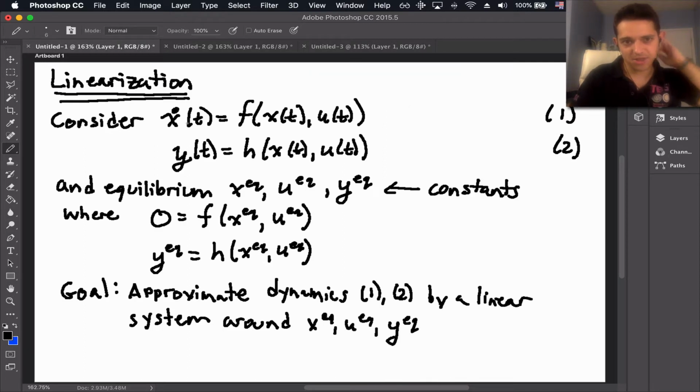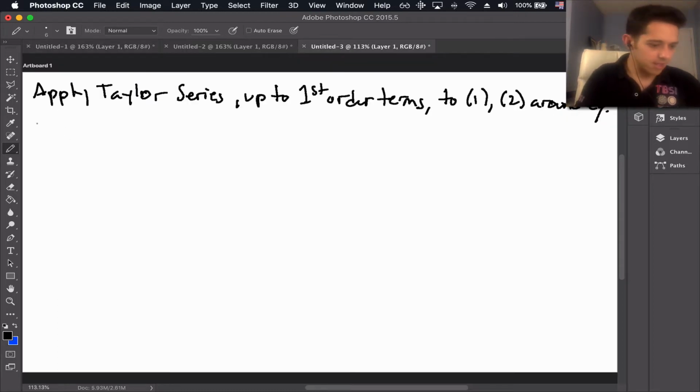Namely, if we go back to this first slide here, we have equation 1 and 2. Let's focus on equation 1 for a moment. What we're going to do is approximate this nonlinear function f by a truncated Taylor series approximation, truncated up to the first order. So let's just go ahead and do that.